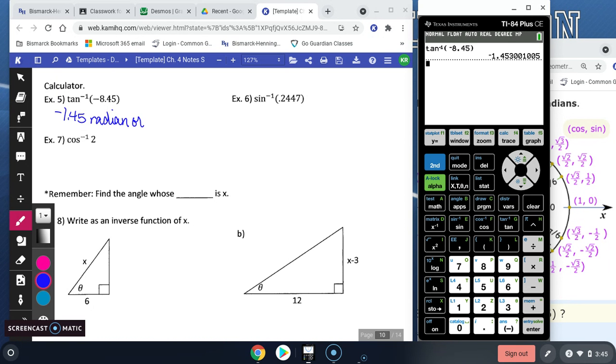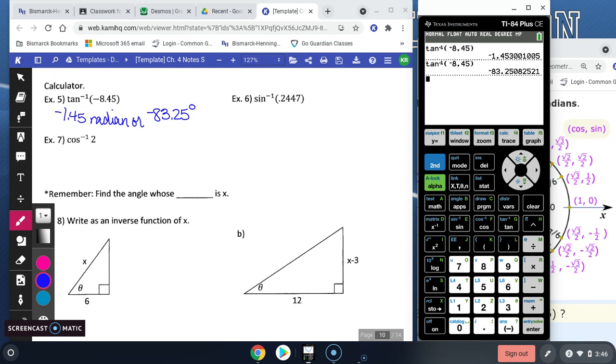And if we do the same thing, second tangent of negative 8.45, and hit enter, you now get negative 83.25, and that's degrees. So we changed our mode to degrees, and this is now a degree measure. You're going to tell me it's degrees by using the degree symbol. If there's no degree symbol, then that means you're telling me radians.